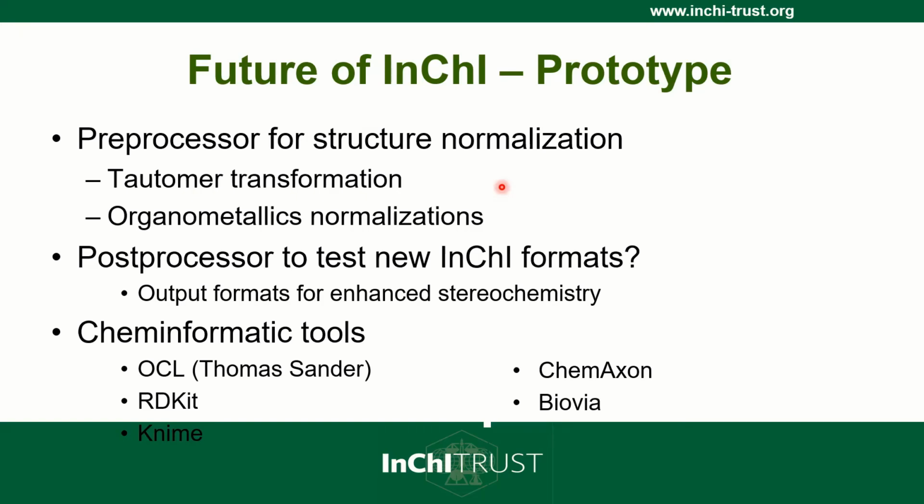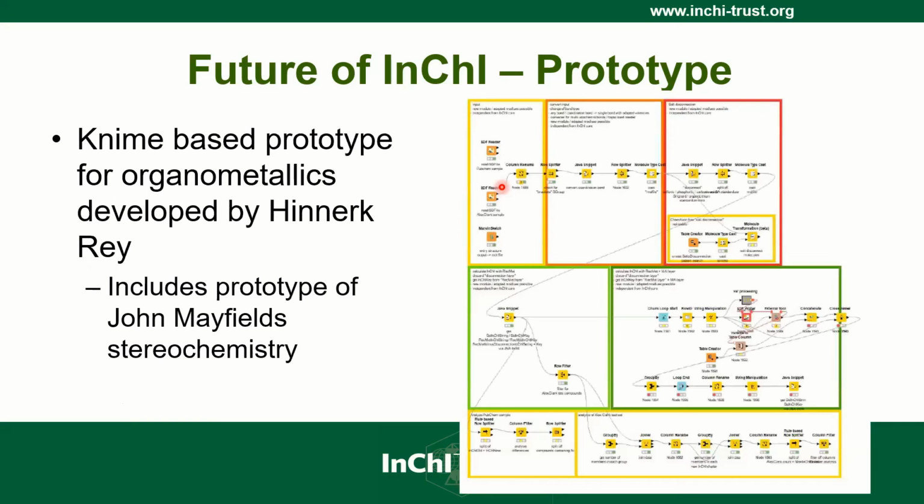On the next slide, you find the example that Hinak set up to test the organometallics within KNIME with some tools that are using the ChemAxon libraries to manipulate structures. And basically what you see on the left in the yellow part is that you have to read the structures.